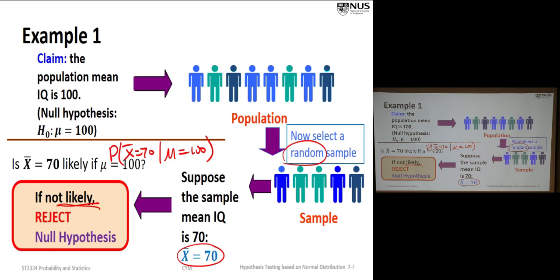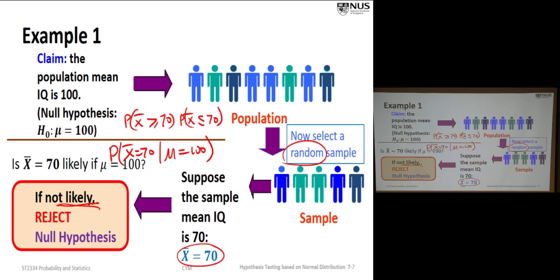Strictly speaking, it should be two sides. I mean, how likely it is bigger or equal to 70, or how likely x bar is less or equal to 70, and take the minimum of these two probabilities. Bigger than 70 is to check whether 70 is a large extreme.